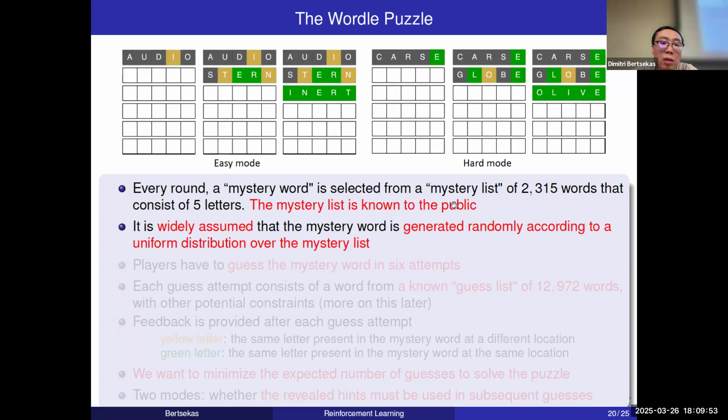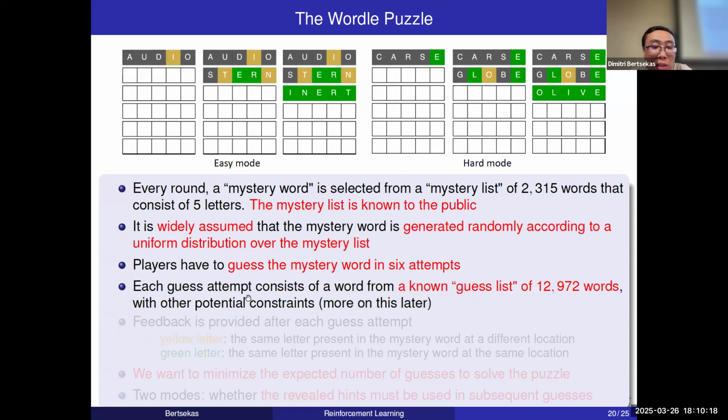And in our discussion, we assume, and it's widely believed as well, that the mystery word is generated randomly according to a uniform distribution over the mystery list. As a player, our goal is to guess the mystery word in 6 attempts.